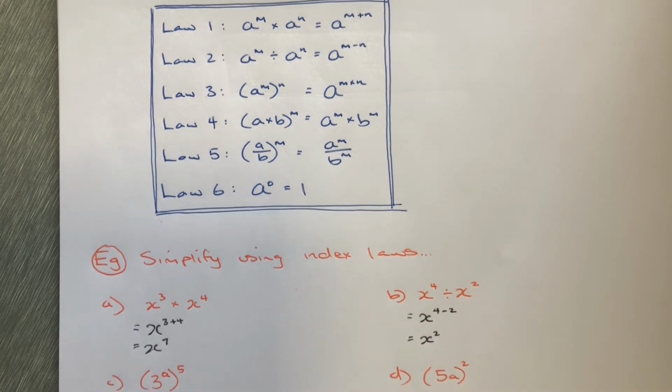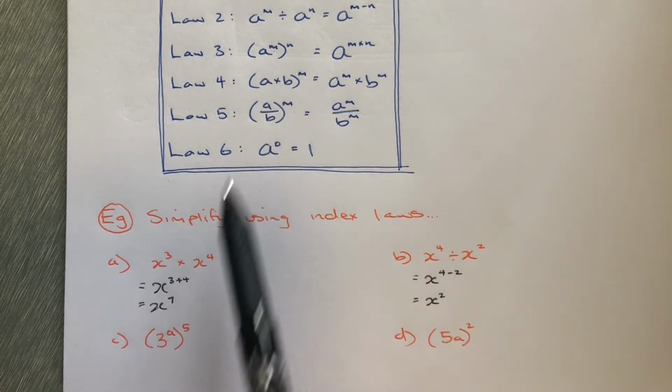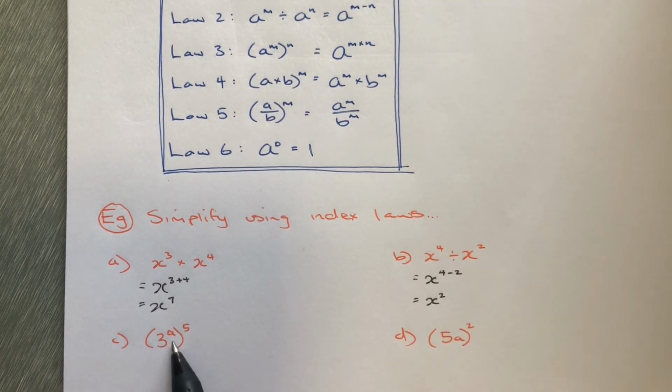All right, let's go to the next one, which is law 3. Hopefully we can see that these are very similar here. Now that's supposed to be an A, it looks a bit dodgy. What happens is these two are going to be times each other, as we can see up here with this law. So it's going to be 3 A times 5.